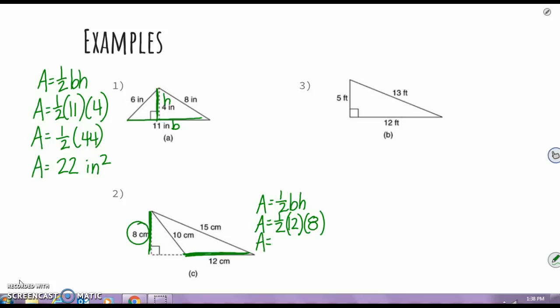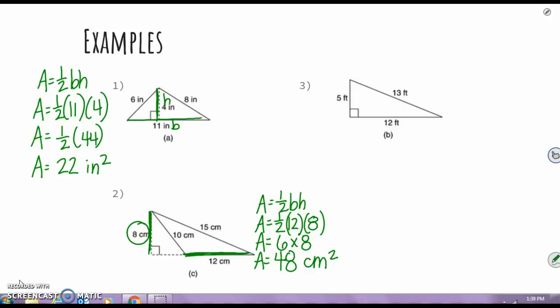You can solve the area by multiplying in any order. I know that half of 12 is 6, and I can multiply 6 times 8. 6 times 8 is going to give me 48 centimeters squared.